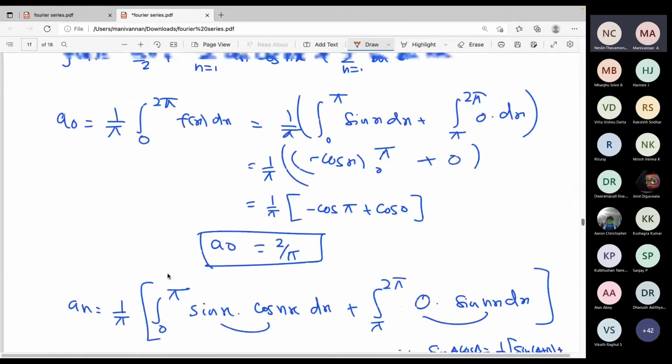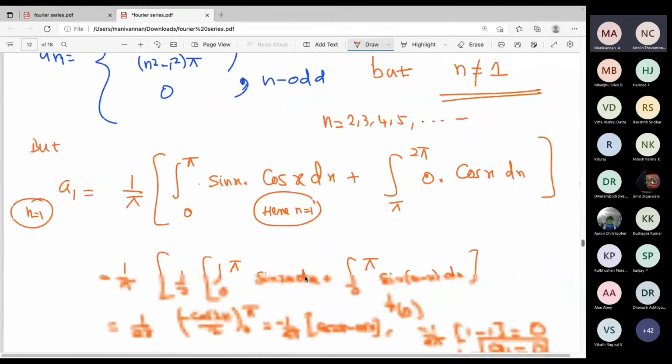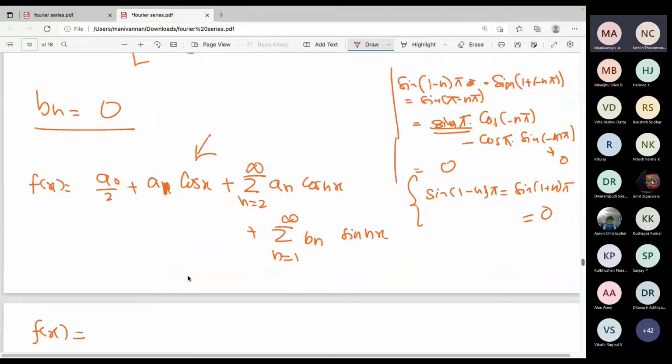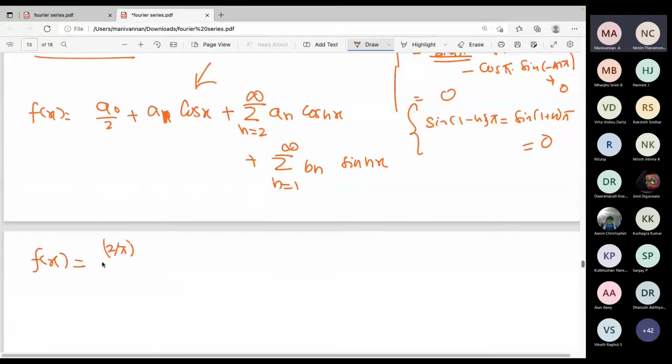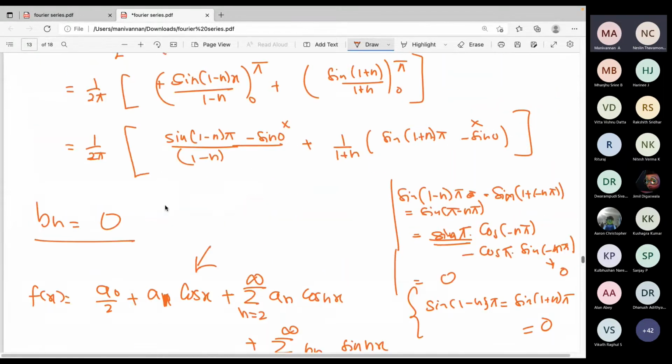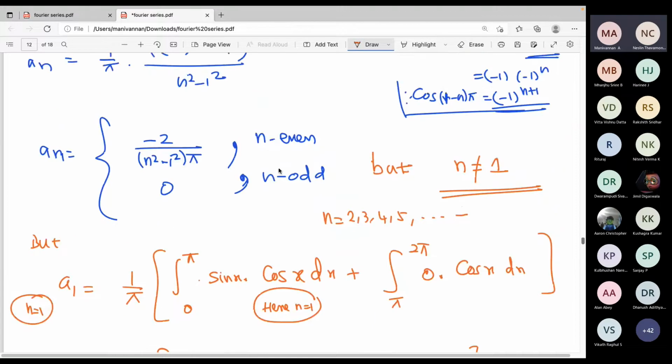Do you know that? 2 by pi. Students, it is 0. My a1 is 0, and this an is also defined only for the even numbers. For odd numbers, it is 0.